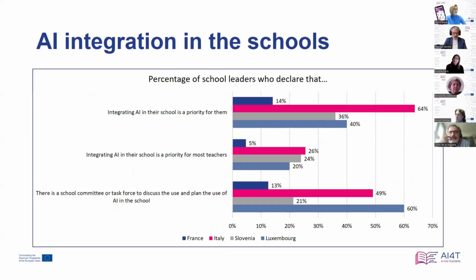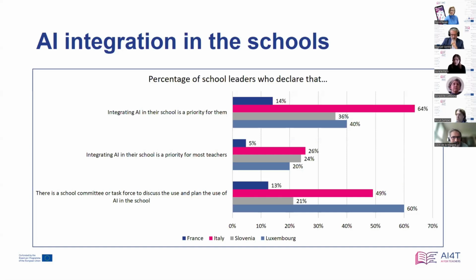We also saw variations in school leaders' perceptions of the integration of AI as a priority. In the Italian sample, 64% of school leaders mentioned that integrating AI in their school was a priority for them, but the proportion drops to 14% in France. In general, this priority was not shared by most teachers in the schools, according to school leaders.